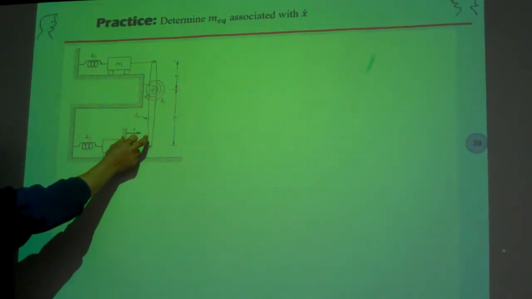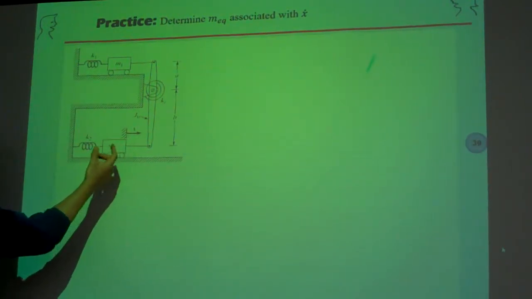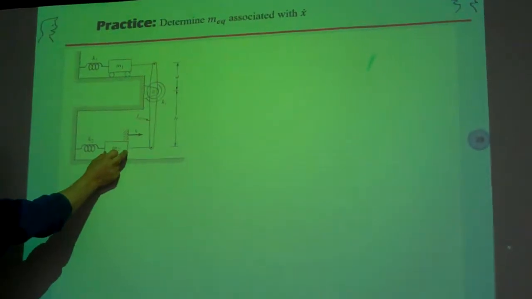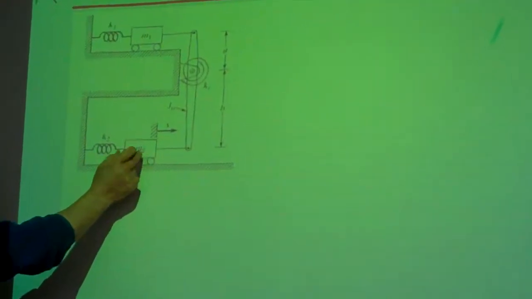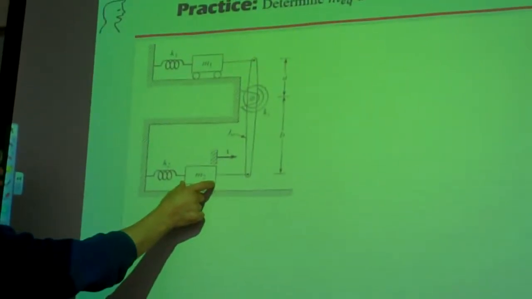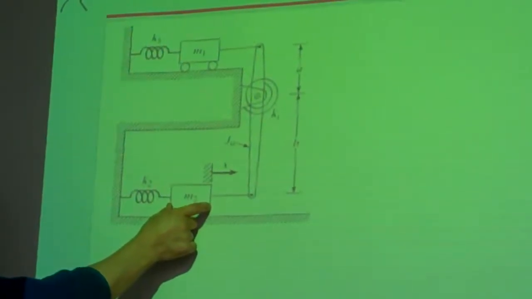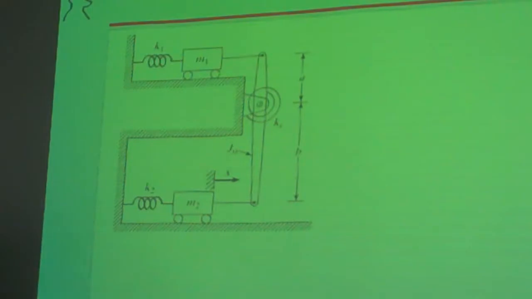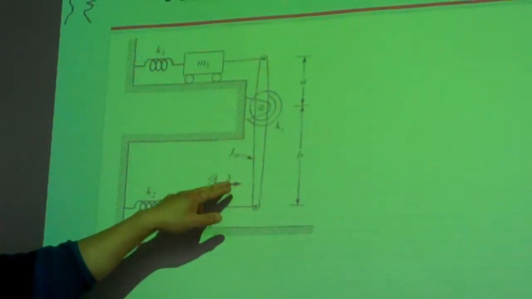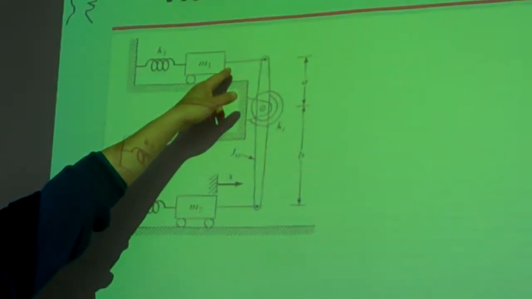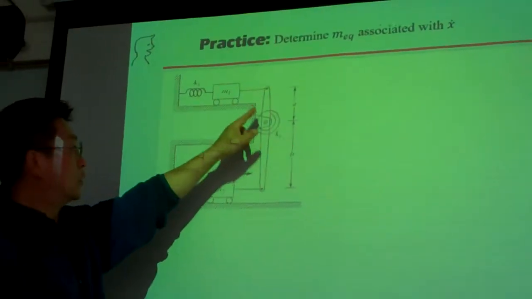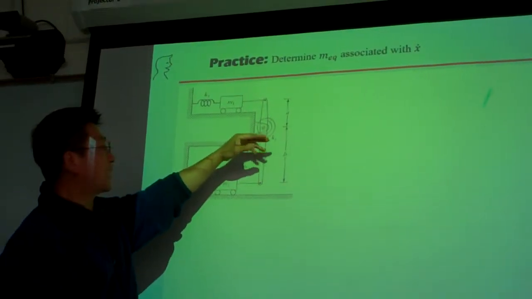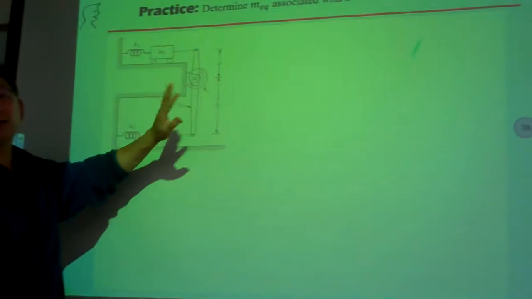Here we assign our degree of freedom x to the displacement of this block. If you wish, you can also assign the degree of freedom to the displacement of this one, or to the rotation, the angle of this spring, either way.